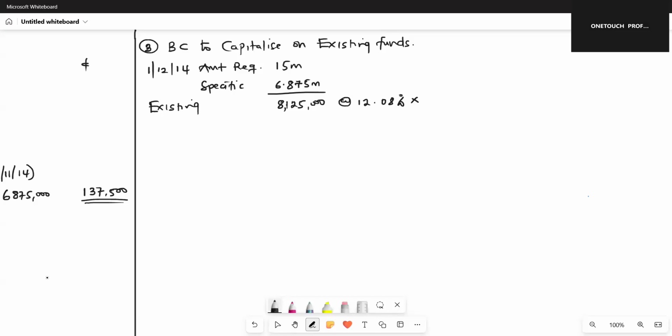So from this date, 1st December 2014, up to 31st, is it May or June? No, it's supposed to be December, because 1st December was 2014.